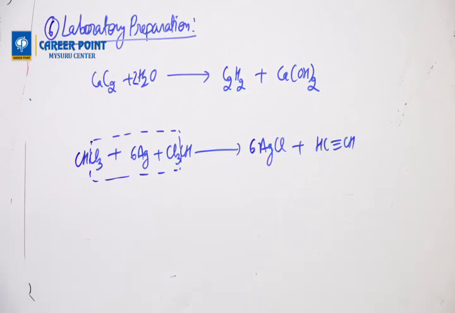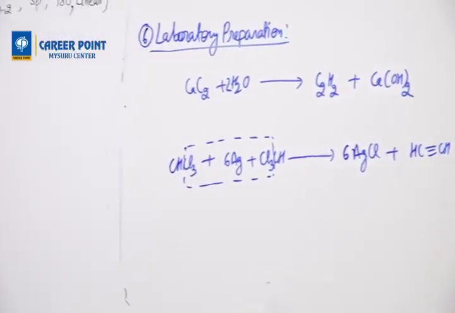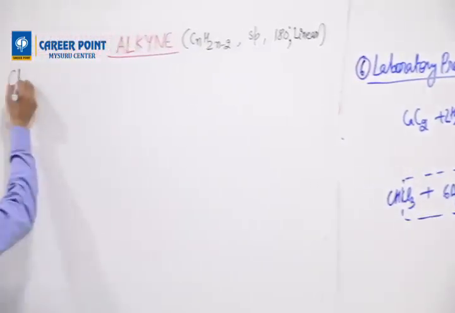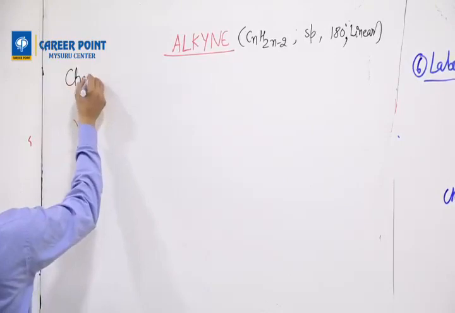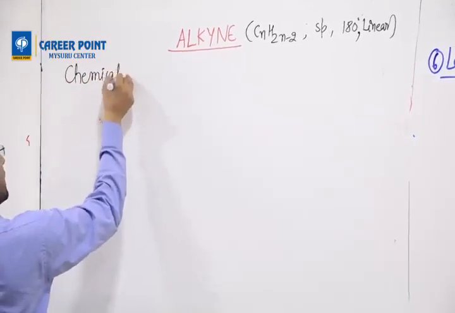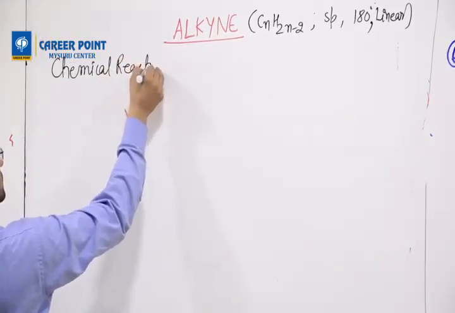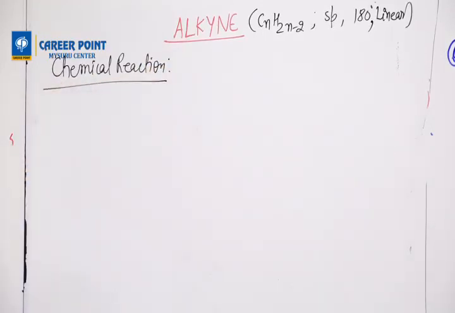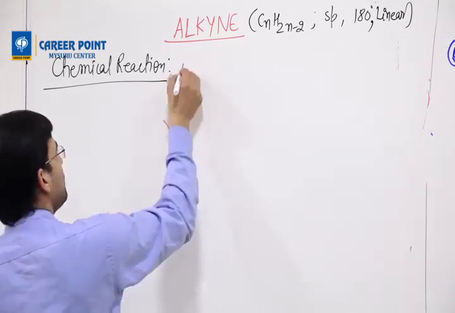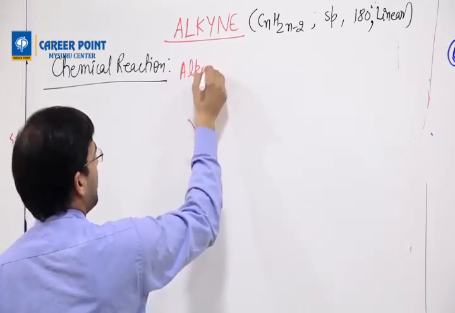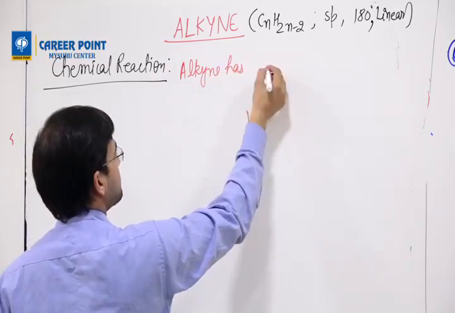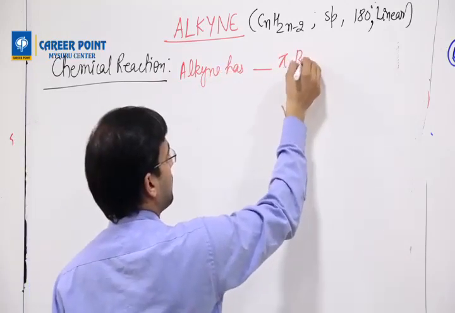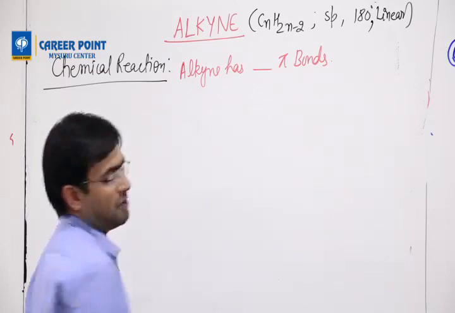Okay, so this side. Now we have the next heading of chemical reaction. We have first heading as chemical reaction. So now what happens is, as we know, alkyne has how many pi bonds? Tell me.